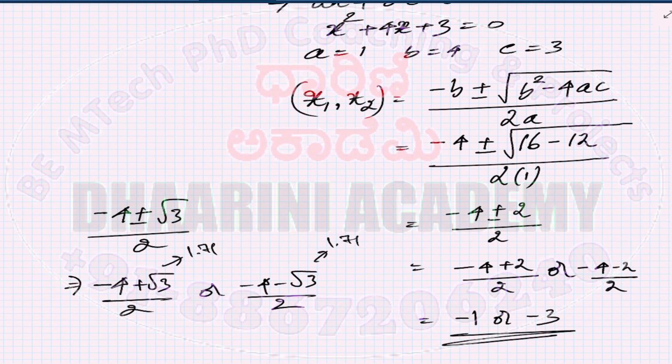Go to the equation mode in your calculator. It allows you to enter the equation as it is, like x square plus 4x plus 3 equal to 0. Then you have an option to say solve, and when you click solve, it directly gives you the answer minus 1 or minus 3. But anyway, that's the easiest way.